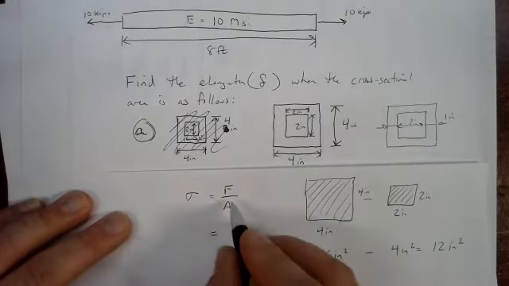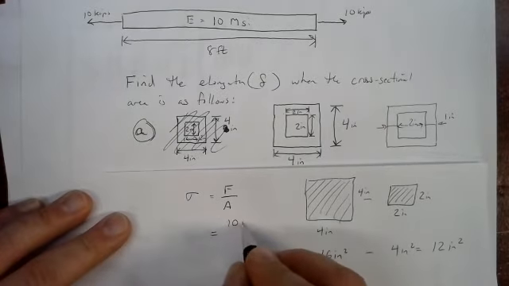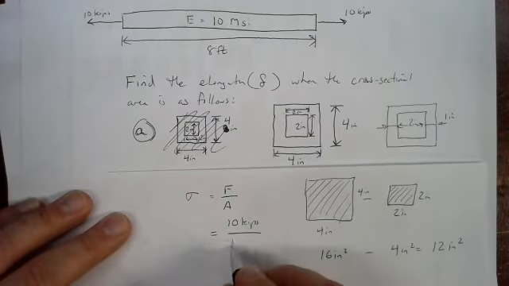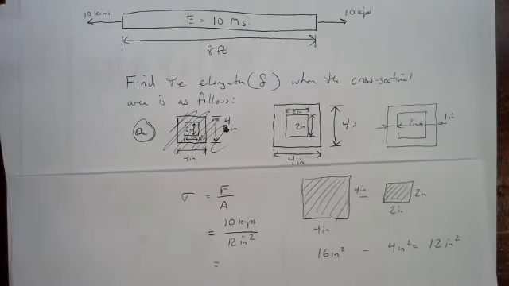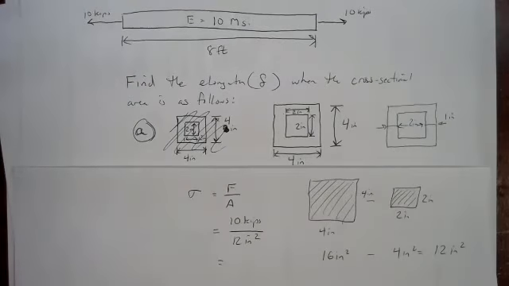So our stress, we've got 10 kips spread out over 12 square inches. And if we calculate that out, it's not going to be a pretty number, but we can apply the same principles that we've applied so far with respect to rounding. I'll arbitrarily keep 5 sig figs in the calculation.